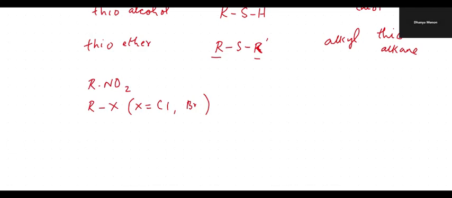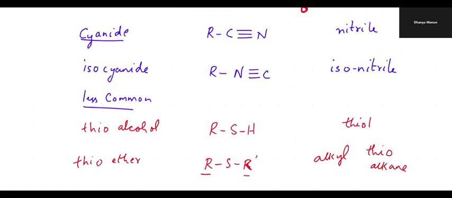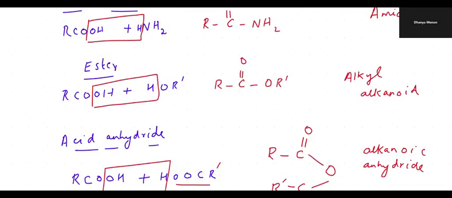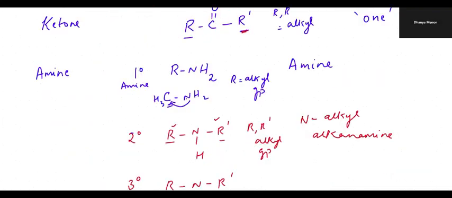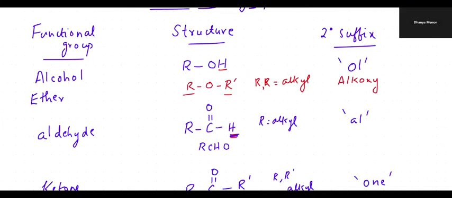They also can give specific properties to the compound, but they are treated as substituents according to IUPAC. I hope I'm clear. So these are the names of some functional groups, structures, and the suffixes that we use. Based on this, I will start with alcohol, how to name the alcohol.